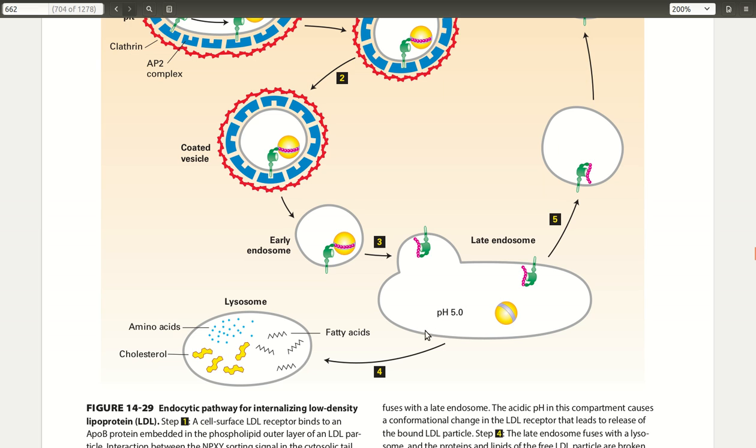Afterward the late endosome fuses to the lysosome, where the LDL particle is processed into amino acids, cholesterol, and fatty acids.